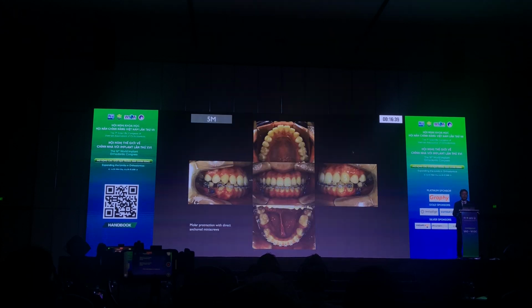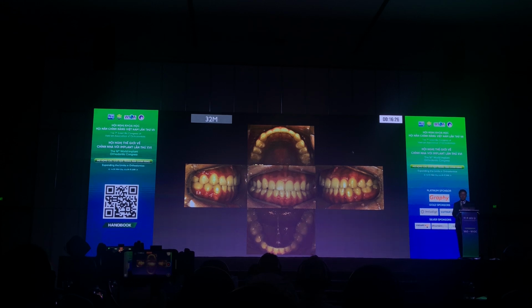We can do it with half a mini screw. The problem is it's too late, because the alveolar bone already shows high density and is very thick. So we can, but the treatment takes a long time, almost 3 years.